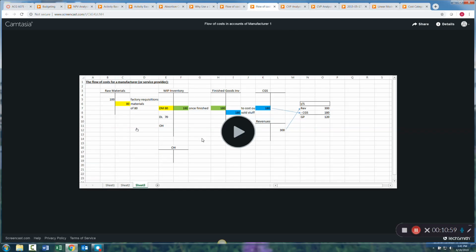From here, now that we have clearly understood the importance of variable costs and fixed costs, we can start looking at how a company, whether it's a manufacturer of a product or a service provider, tracks these costs.